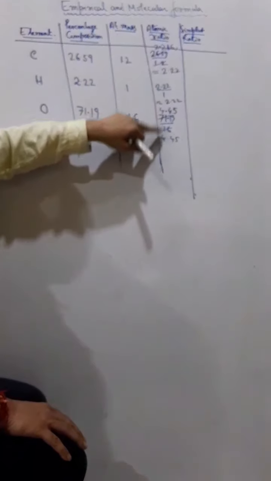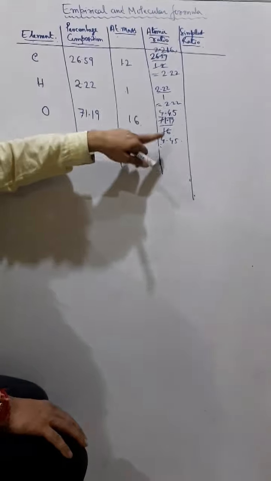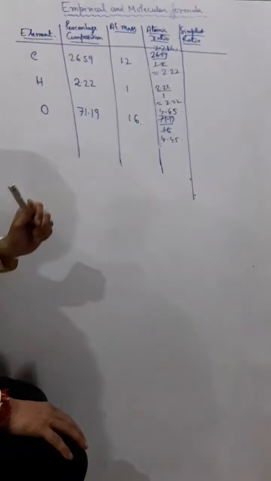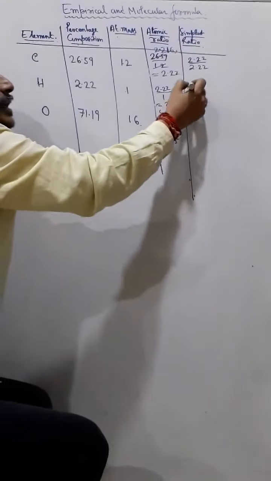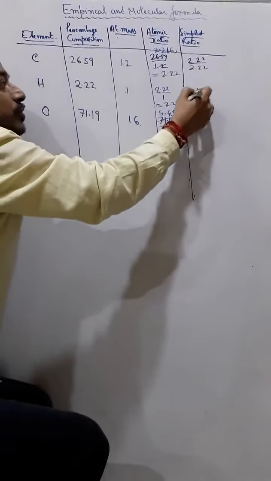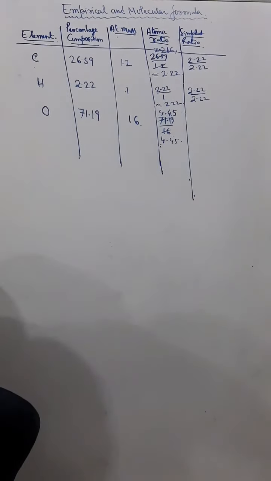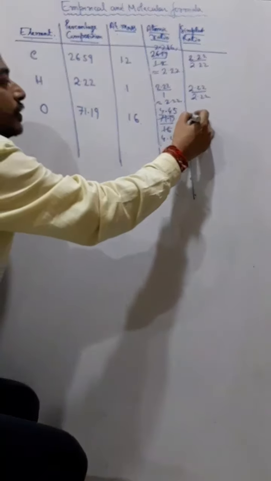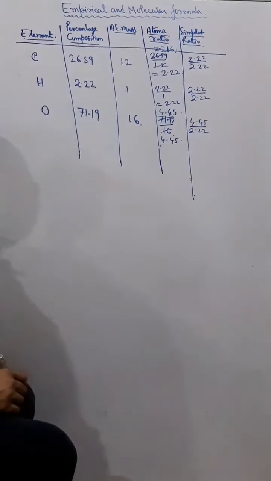You can see out of these values, the smallest value is 2.22. So we will divide every one of these values by 2.22 itself. That means the simplest ratio becomes 2.22 by 2.22, again 2.22 by 2.22, and then the next one, 4.45 by 2.22.